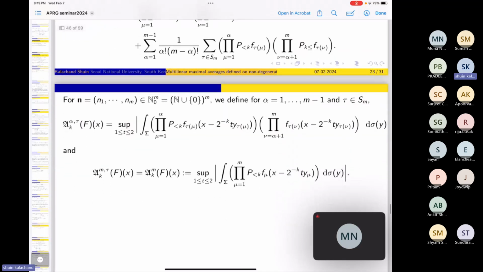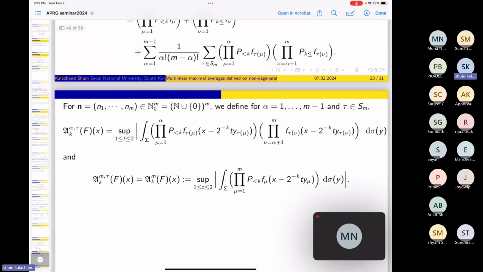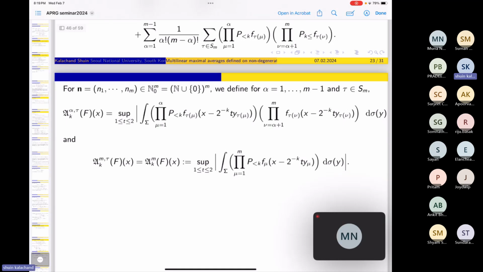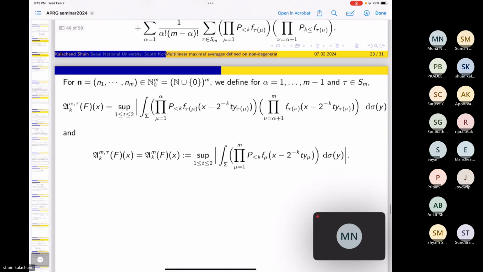Then, corresponding to these pieces, we consider this operator A alpha comma tau comma k. This is given by the supremum over t from 1 to 2, and then this. A m comma tau comma k is given by this definition.